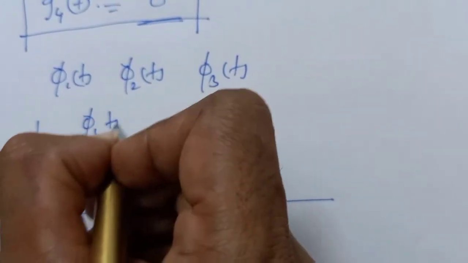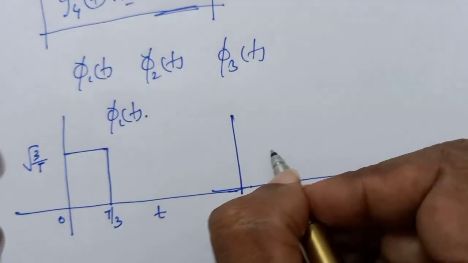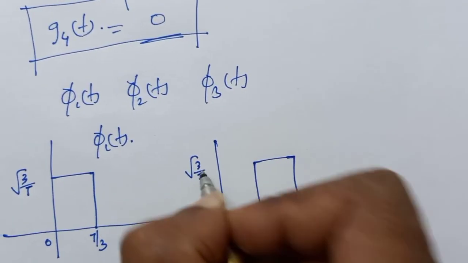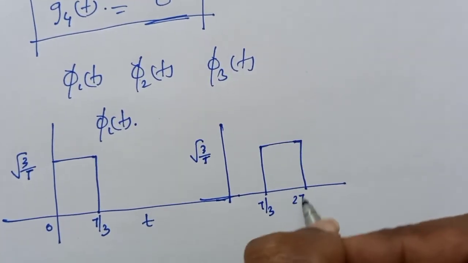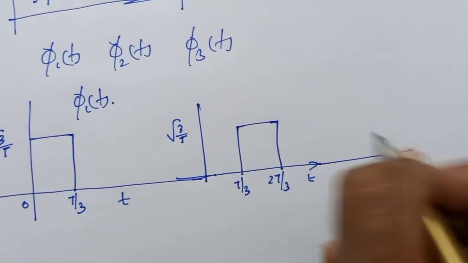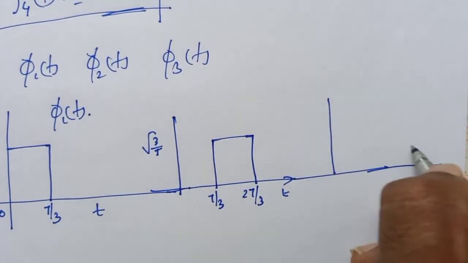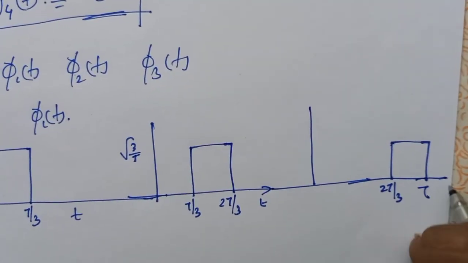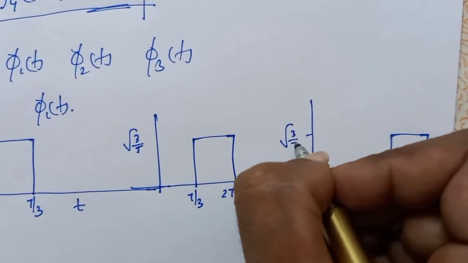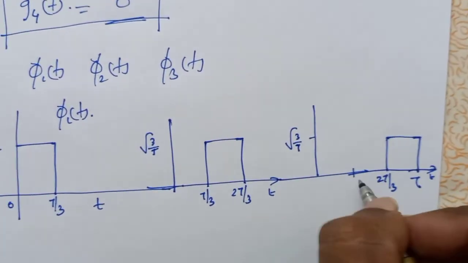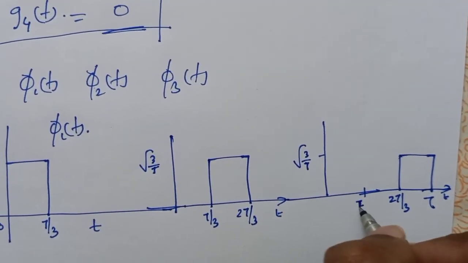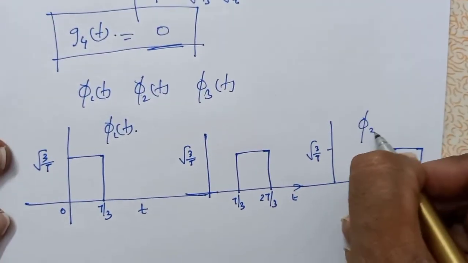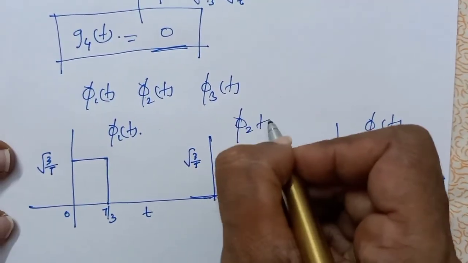This is φ1(t). Now φ2(t) is again root of 3 by T from T by 3 to 2T by 3. From 2T by 3 to T, root of 3 by T. This is T by 3. So this is the plot of φ3(t), this is φ2(t).